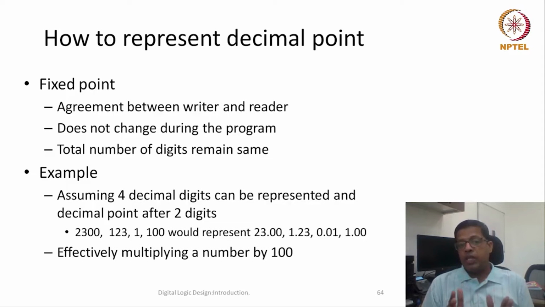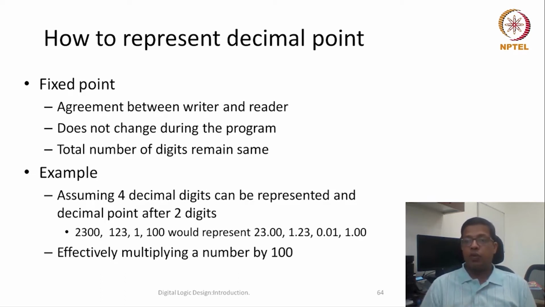So in the representation where we take the assumption that the decimal point occurs at a particular digit place, you cannot violate that agreement. All the numbers following that agreement will always put the decimal point at that place.